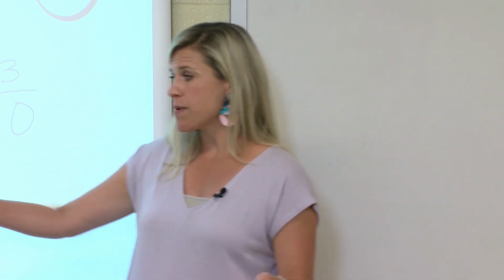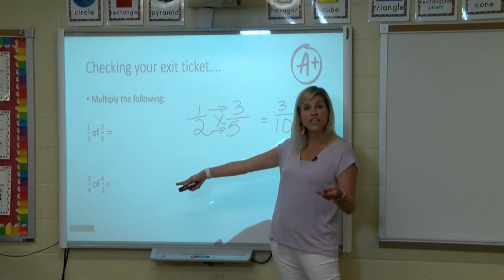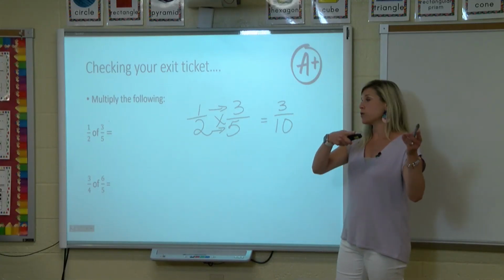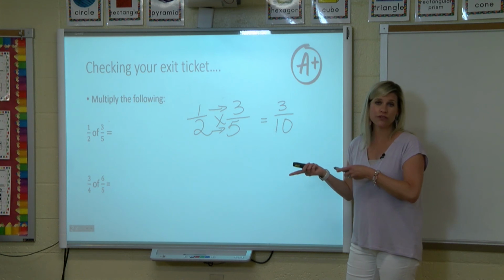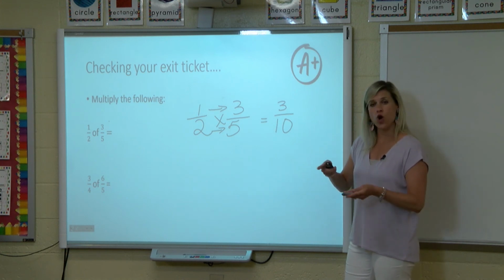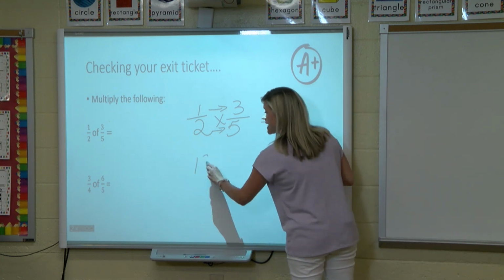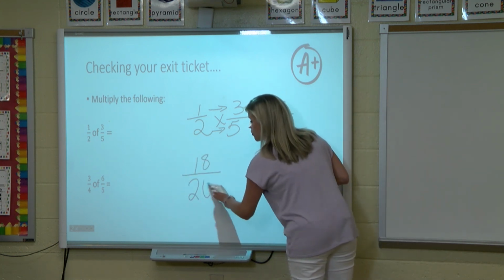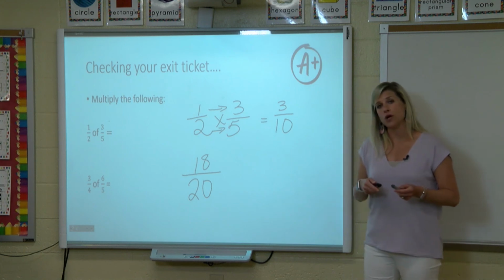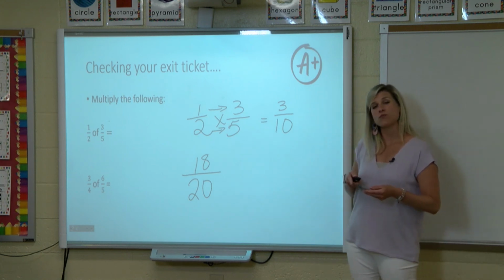But if you keep it as an improper fraction, then you can just simply multiply straight across with your numerators, multiply straight across with your denominators, and when you do that, you get 18/20.